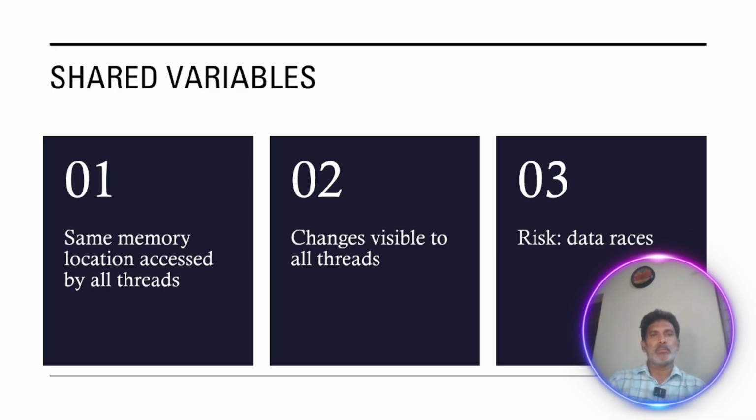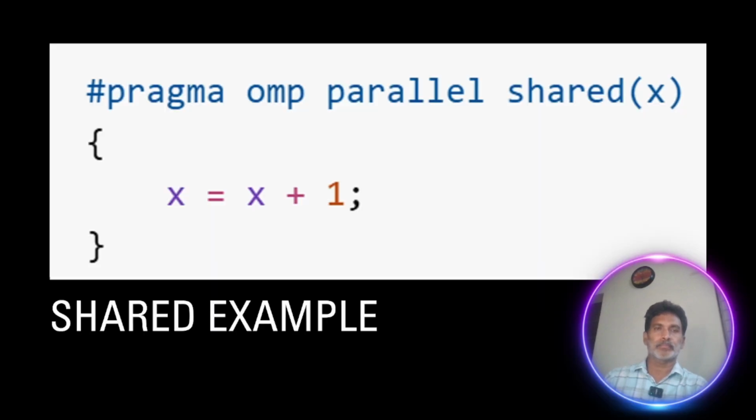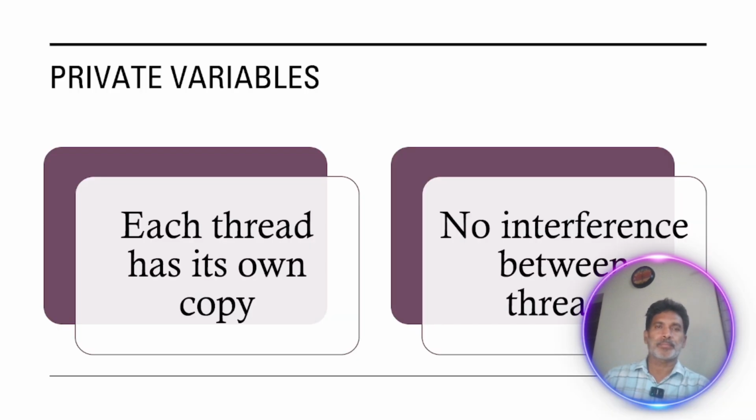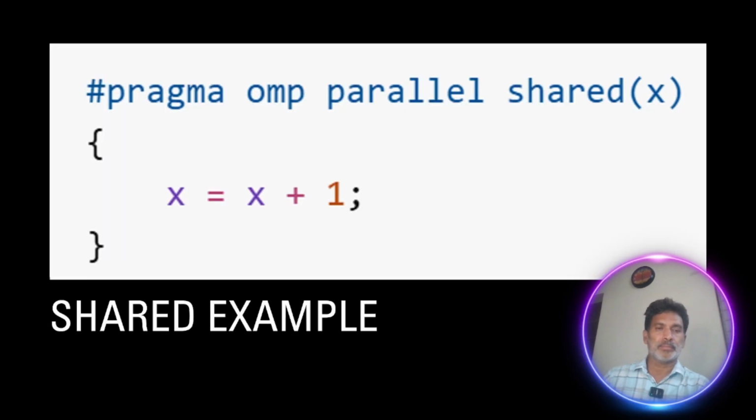So shared variables are useful for data communication among threads, but they must be handled carefully to maintain correctness and consistency in parallel programs. And this is a program that looks simple, but it causes a problem called a data race, that I will explain.